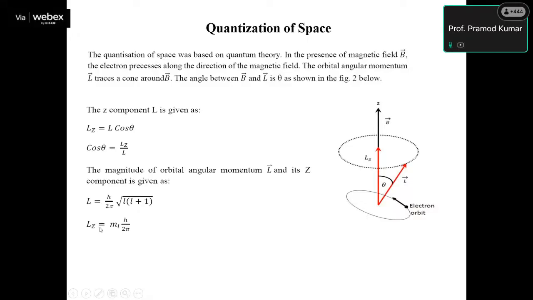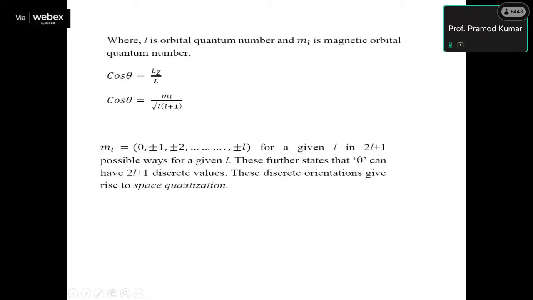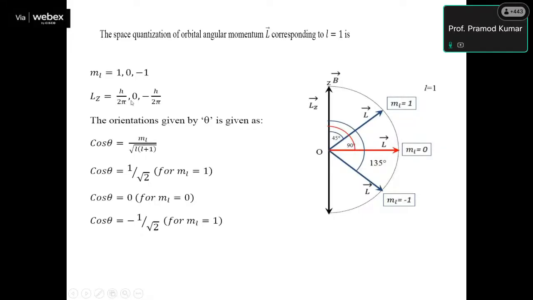So if you put the values of ml as 1, 0, minus 1, then you will get h cross, 0, minus h cross, since h by 2 pi is basically h cross. So we can easily calculate the different orientations, cos theta equal to ml upon root of l(l+1). So cos theta equal to 1 upon root 2. If you calculate yourself, you will find cos theta equal to 1 upon root 2.